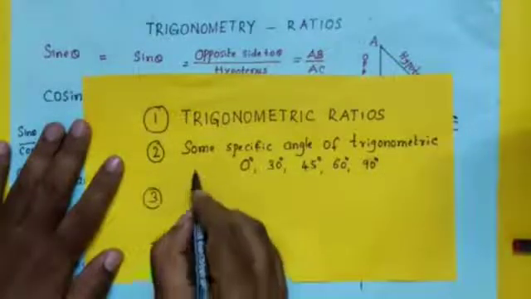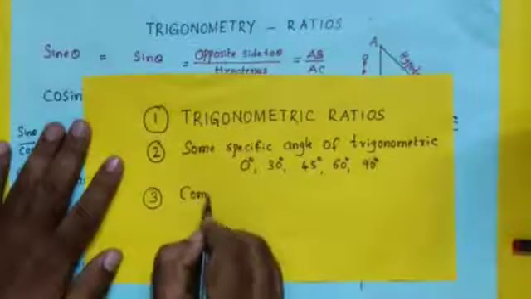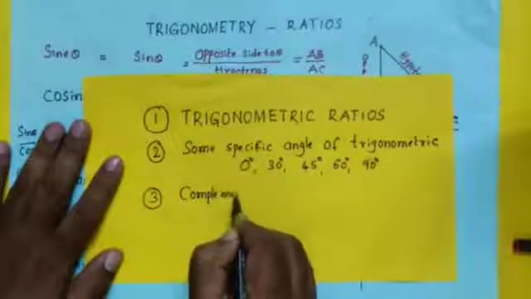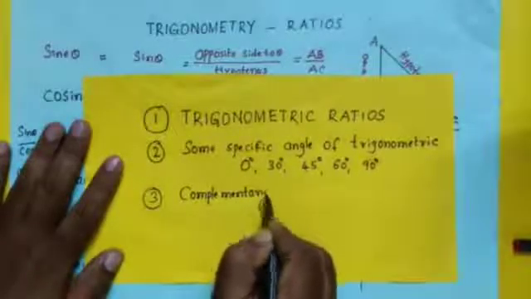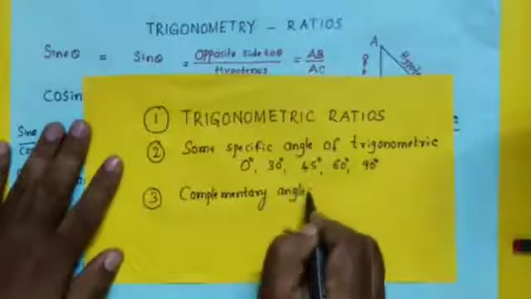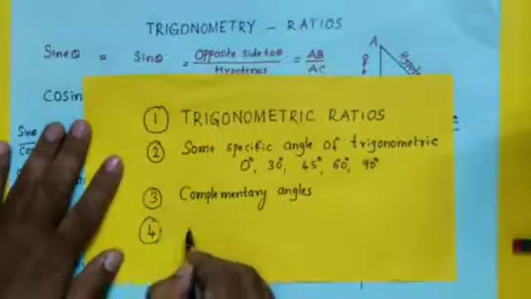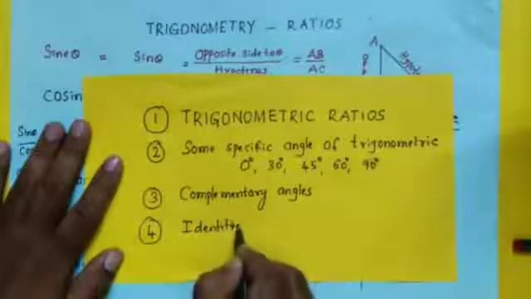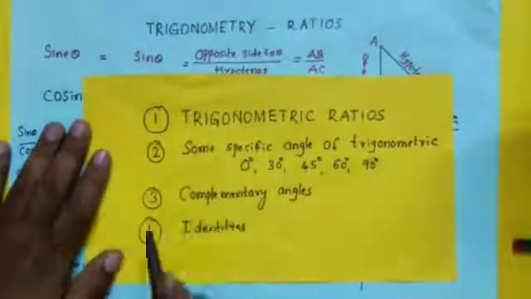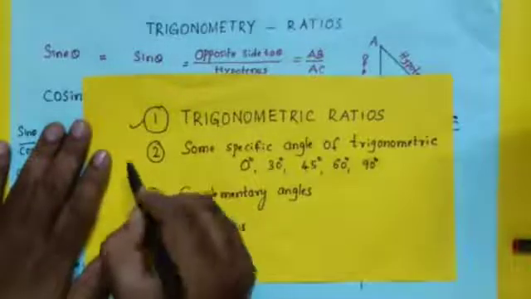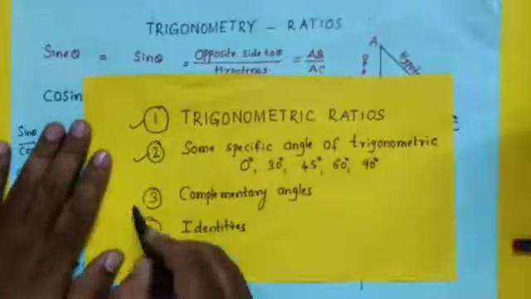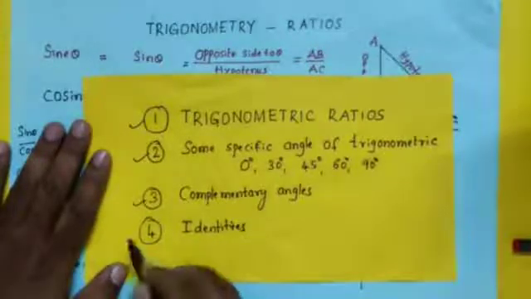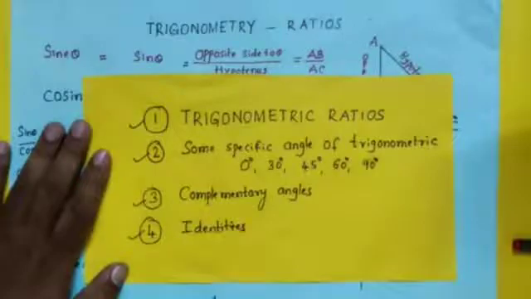The third concept is complementary angles. And the fourth concept is identities. The first exercise is on trigonometric ratios, the second on specific angles of trigonometry, the third on complementary angles, the fourth on identities. After this, we go to another chapter, that is applications of trigonometry.